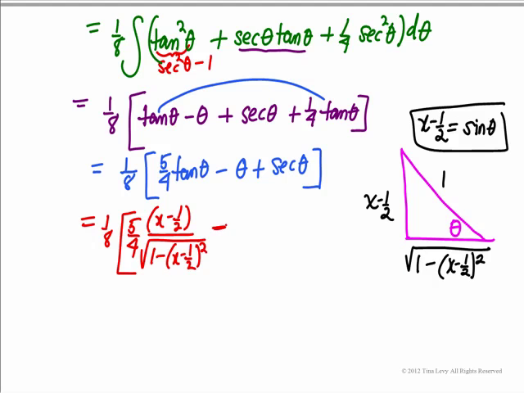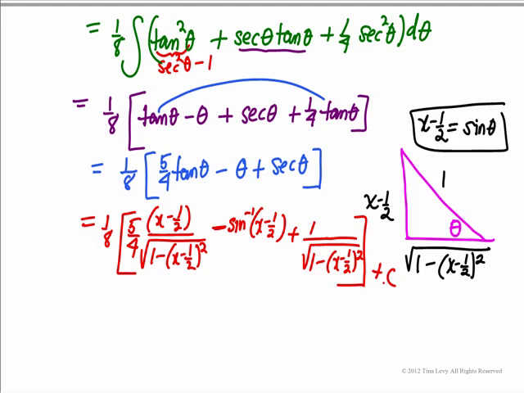Then we have to get theta, and we get theta by undoing sine theta. So we have inverse sine x minus a half. And now secant is hypotenuse over adjacent. So we have 1 over the adjacent, which is square root of 1 minus x minus a half squared. And of course, this is plus c.